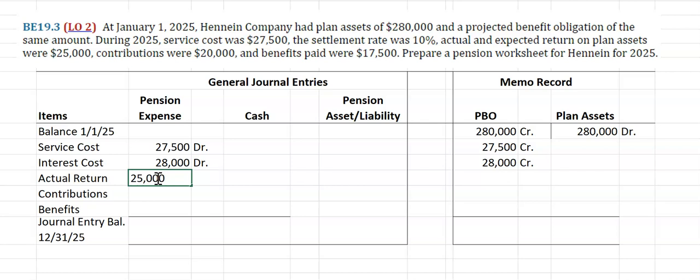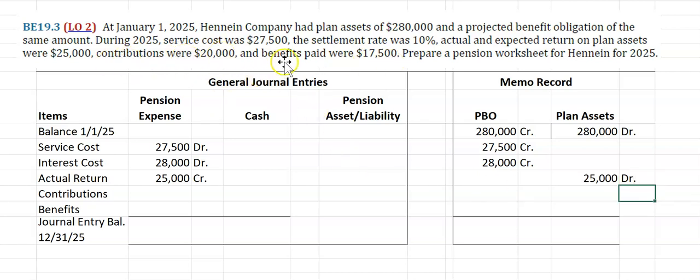It's also given, and it's a credit balance, but impacting our pension expense negatively. And this return is on our plan assets, so it will increase our plan asset balance by $25,000. Since our plan asset balance is increasing because of this return, it will be a debit item.